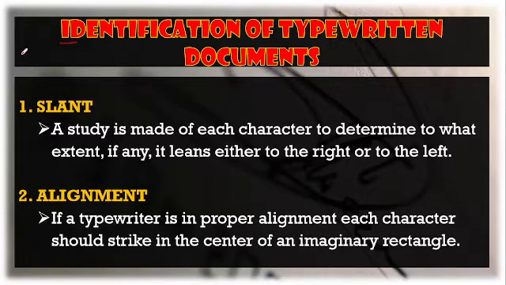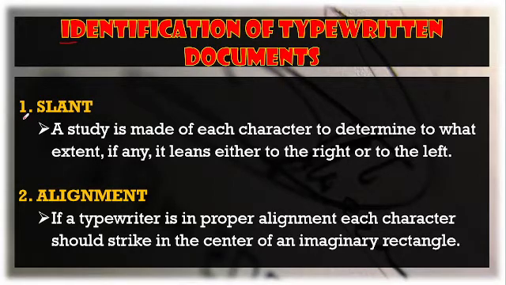So it's very important also for us to know what we should consider, for us to know how to identify what typewriter was used, maybe, for us to detect forgery, or to detect what typewriter was used in creating that document.